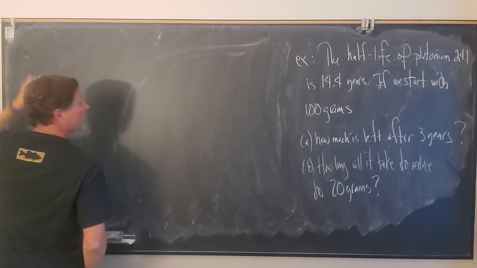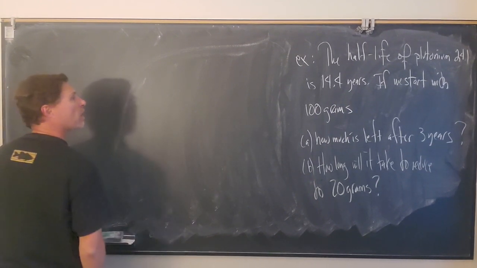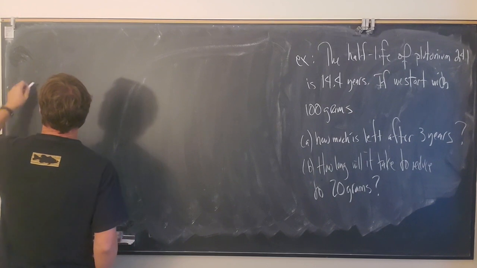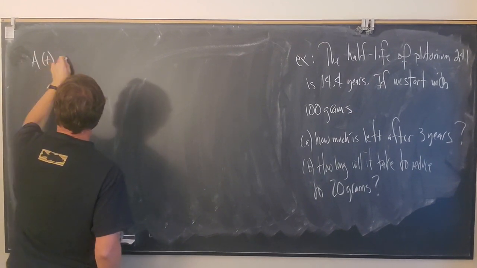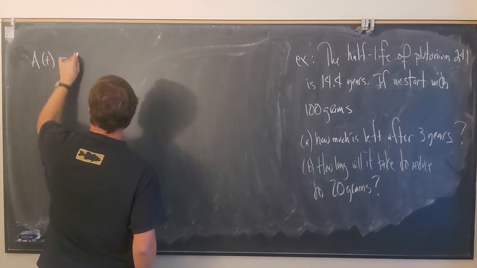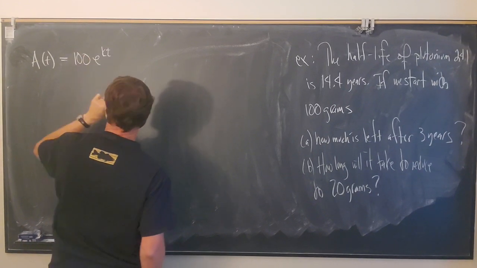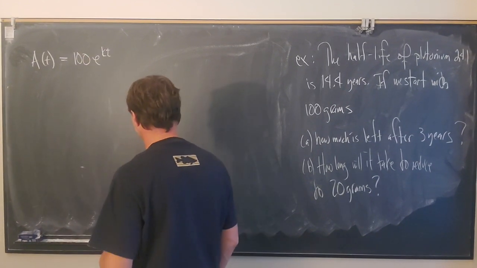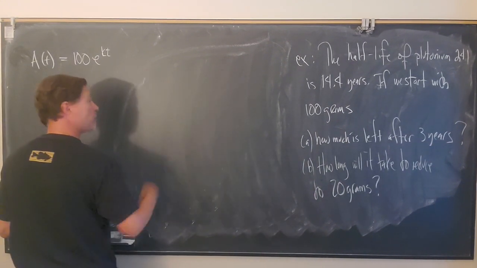Okay, so first thing we need to do is find K. Before we start A or B, we need to find K. What we know is that the amount at time t is equal to the amount at time 0, we're starting with 100 grams, times e to the kt. We need to figure out who this K is. It tells us the half-life is 14.4 years.